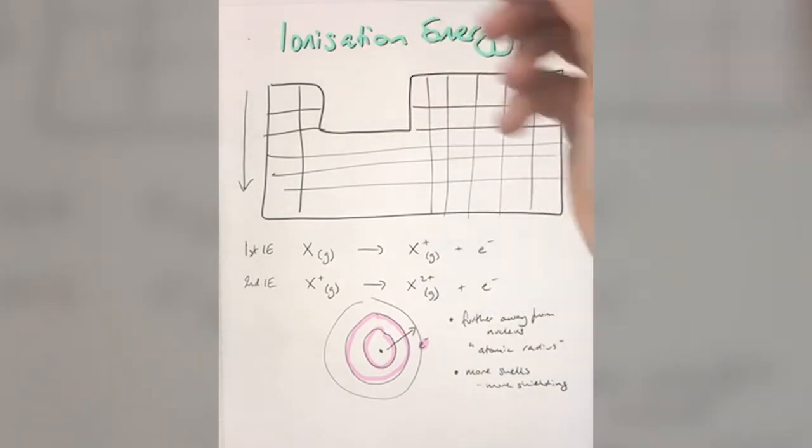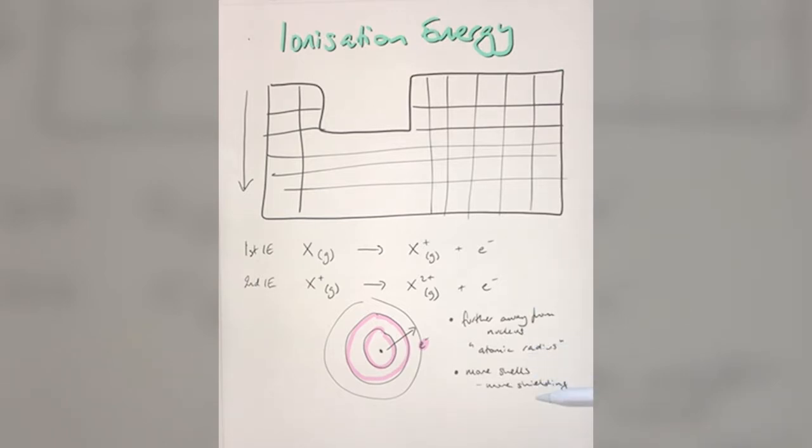Both of these things, increasing atomic radius and more shielding, will mean a weaker nuclear attraction. And a weaker nuclear attraction will mean a lower ionization energy because there's less energy needed to remove something that has a weak attraction.